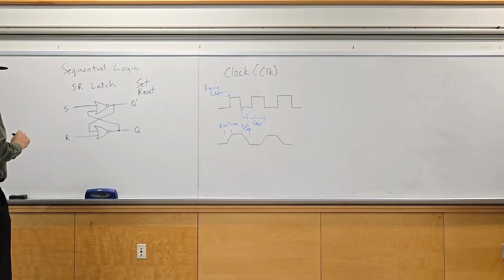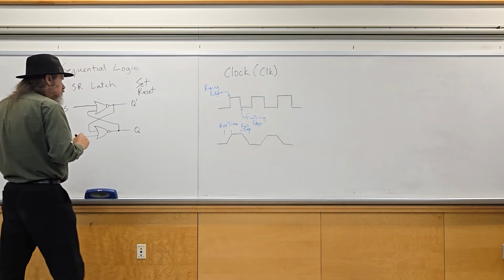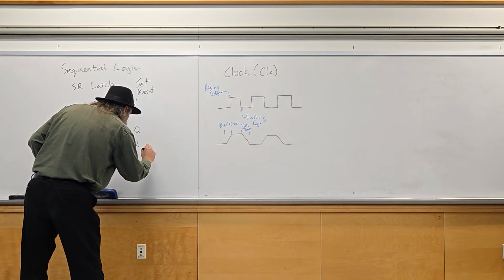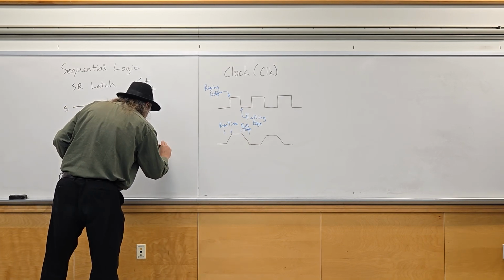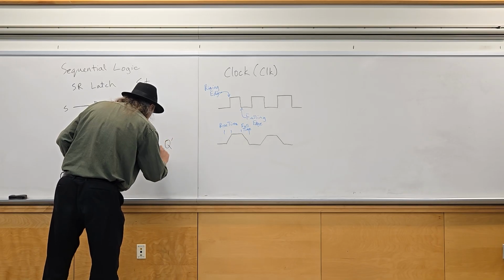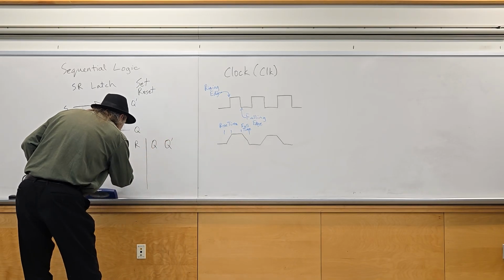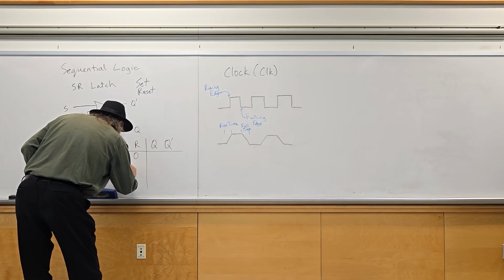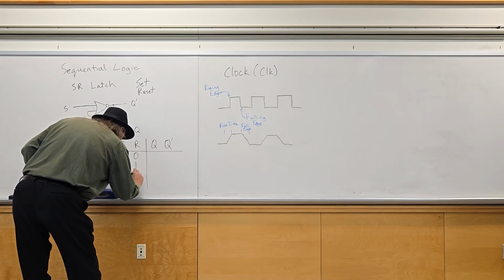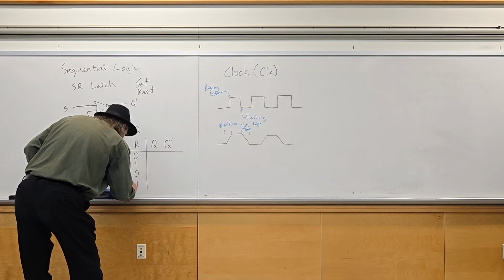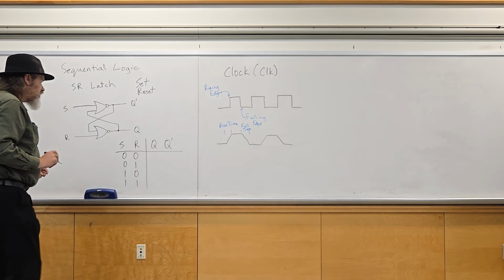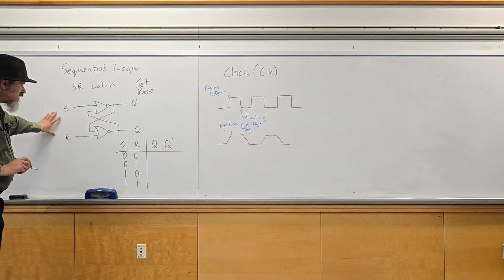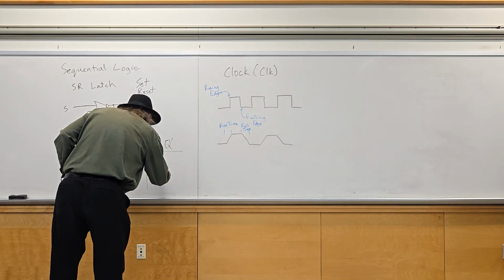The state table for an SR latch is: if S and R are both 0, these two are unchanged.